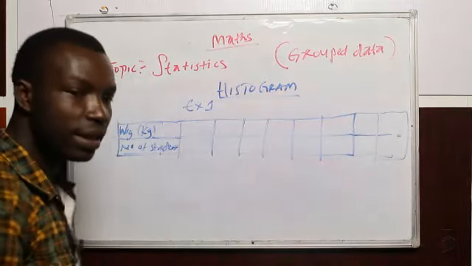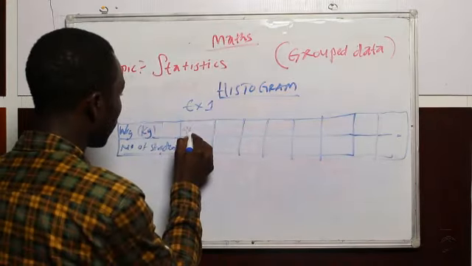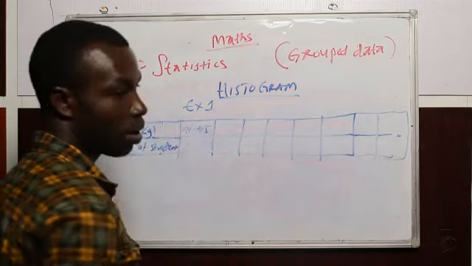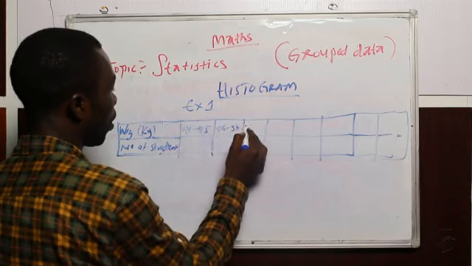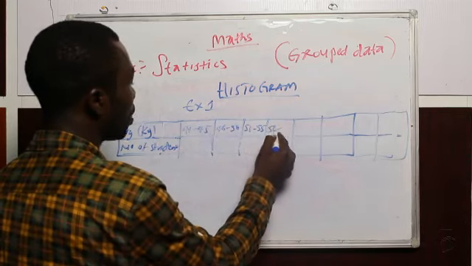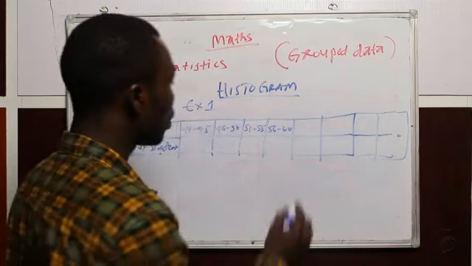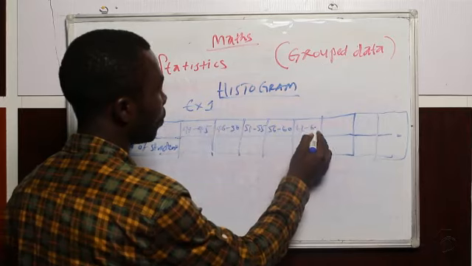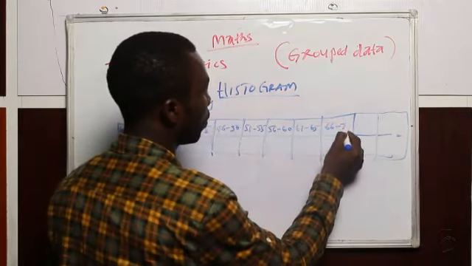Now, the weights of these students are 41 to 45, 46 to 50, 51 to 55, 56 to 60, 61 to 65, and 66 to 70.